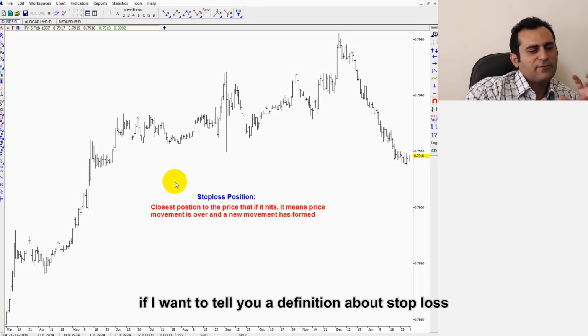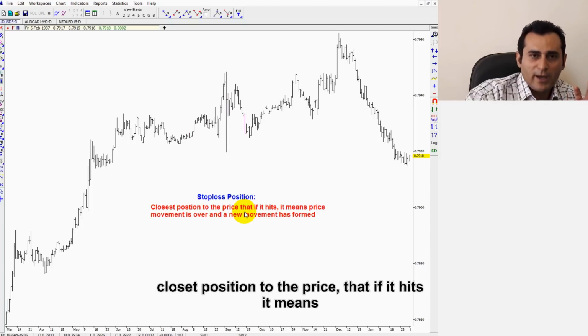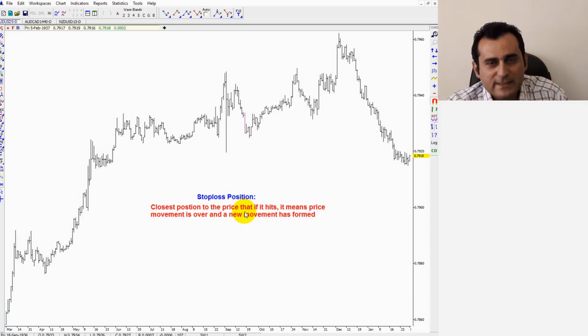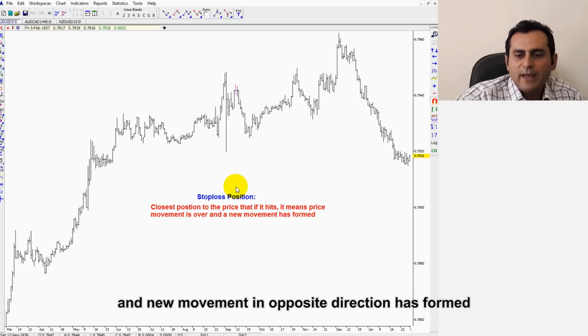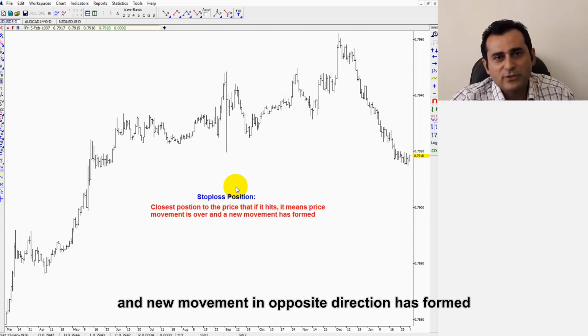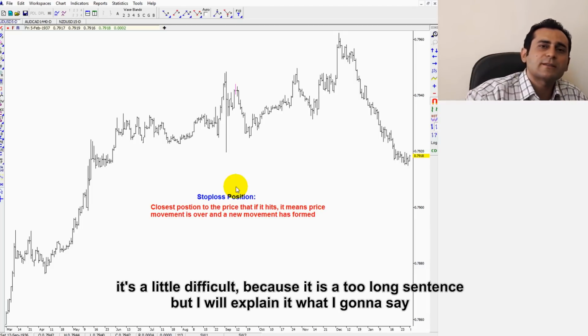If I want to give a definition of your stop loss position, it would be: your stop loss is the closest position to the price that, if it hits, means the movement is over and a new movement in the opposite direction has formed. It's a little difficult because it's a long sentence.